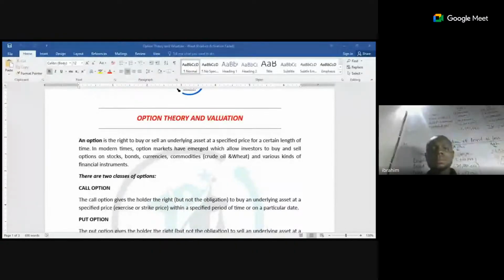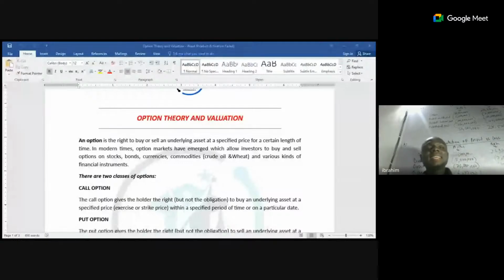Class, we have an option market. Option market is different from the stock market. And what is an option market?